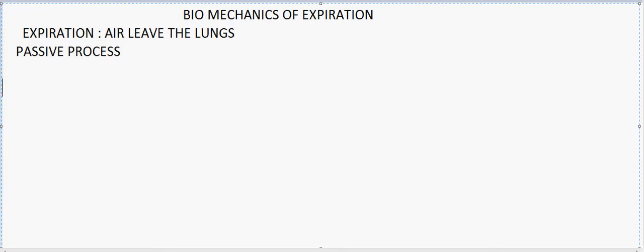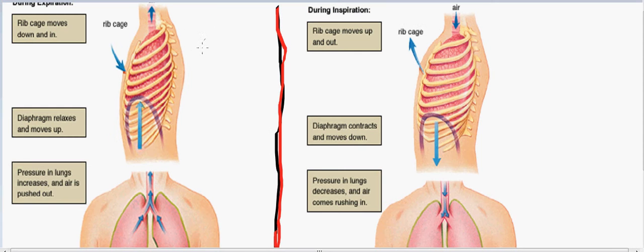And what happens during the expiratory process? We'll see the pictures. So this is the expiratory process. During the expiratory process, the thoracic cage and the lungs decrease in size. We can see that the thoracic cage just goes back to its normal position.